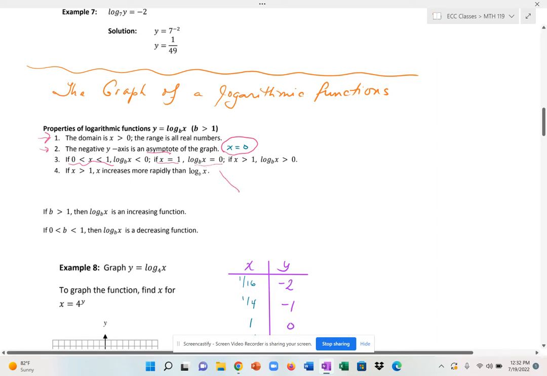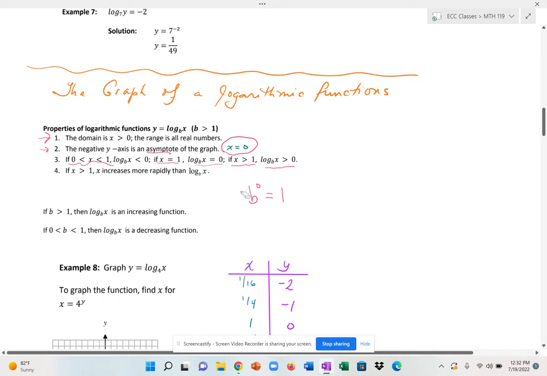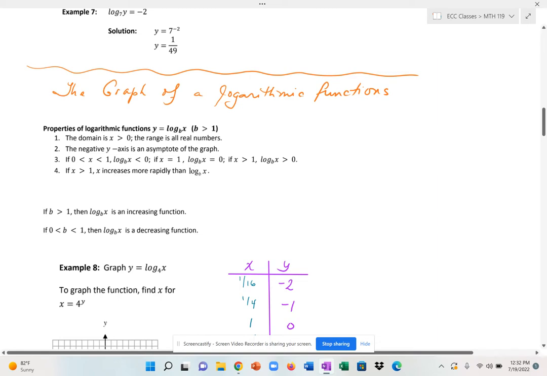And that's because, again, rewriting this in exponential form, b to the 0 equals 1. And when x is greater than 1, your logarithmic function will be positive. So that's why my range is all real numbers. I'm going to get some negative results, 0, and positive results for your logarithm.